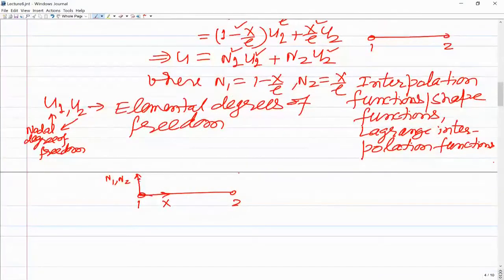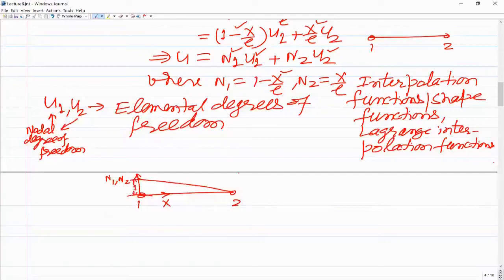And if you put capital X is equal to small l, it will give you 0. In between, it is a linear function of x, so it varies linearly. So this is the variation of n1: unity at node 1 and 0 at node 2.